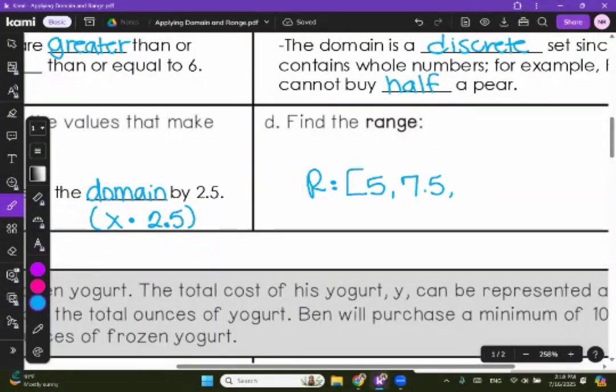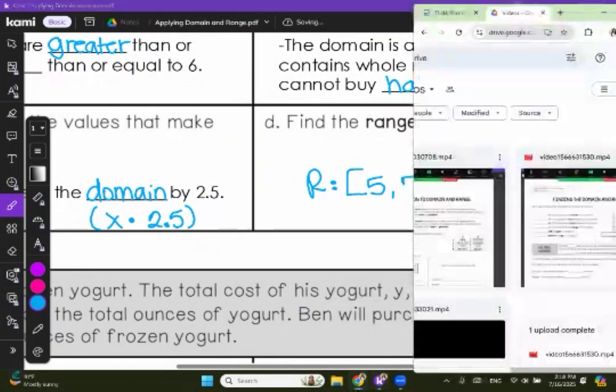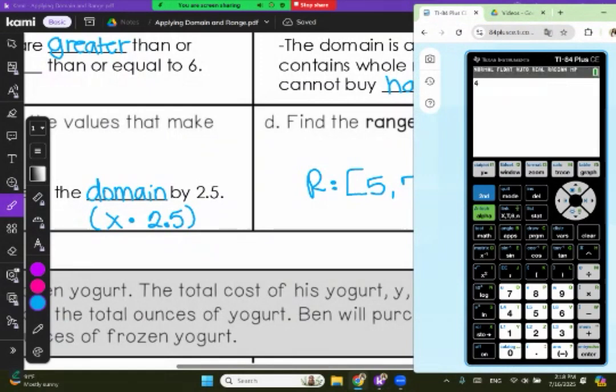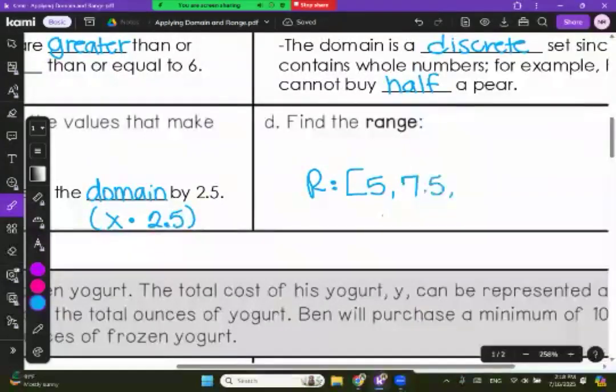If we were to purchase 4 pears, that would mean it would cost us $10. If we were to purchase 5 pears, it would cost us $12.50. If we were to purchase 6 pears, it would cost us another $2.50, which is $15.